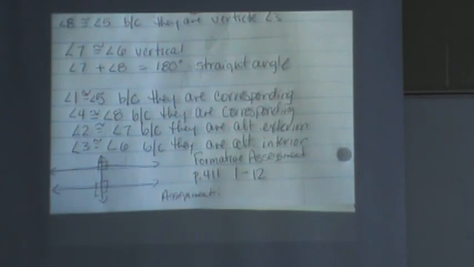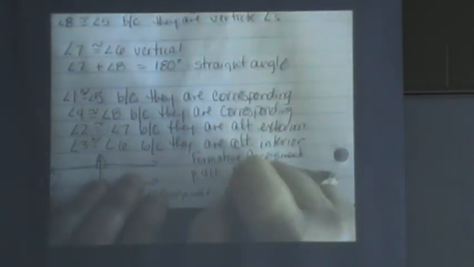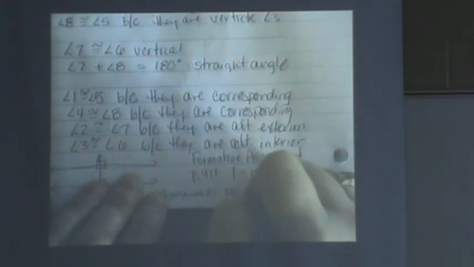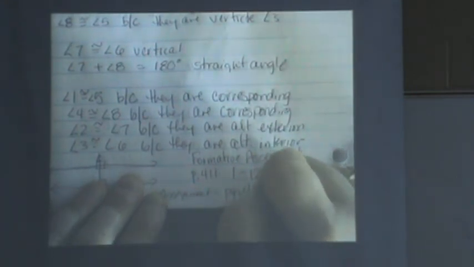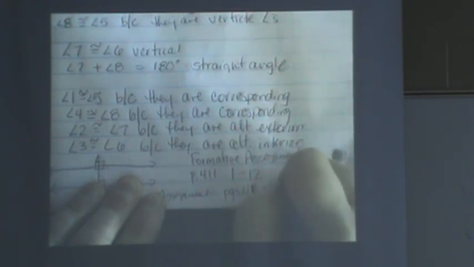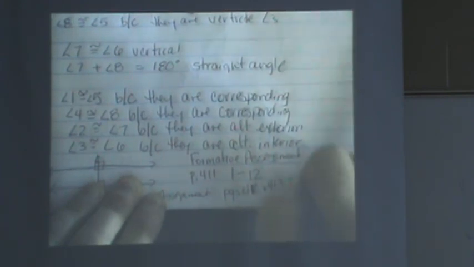Once you get numbers 1 through 12, if you want to go ahead and start on the assignment, your assignment is going to be from pages 412 and 413, numbers 13 through 30.